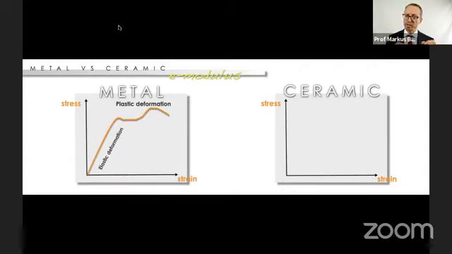It can deform itself. So when I have a very heavy bruxer, I'm using metal occlusion. No problem with that, because a ceramic cannot do this. It's a brittle material. If you make it too thin, or the stresses are too high, it will break, because it cannot deform in the plastic mode as much as the metal alloys do.